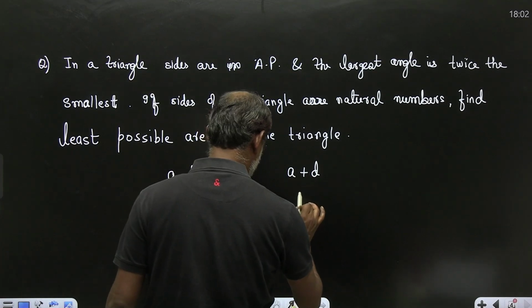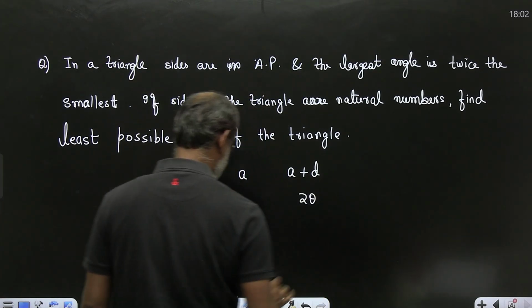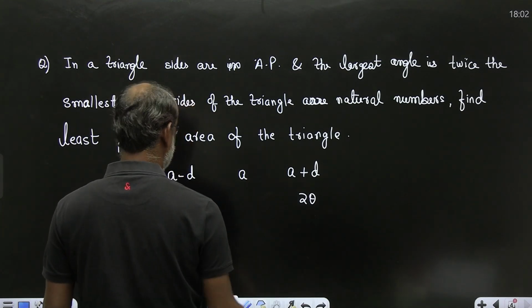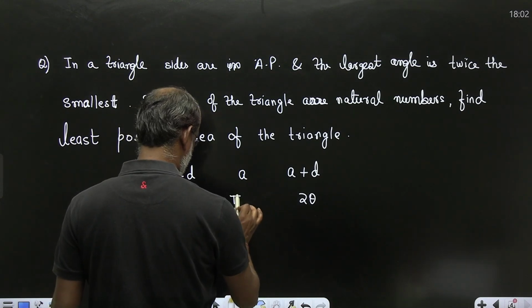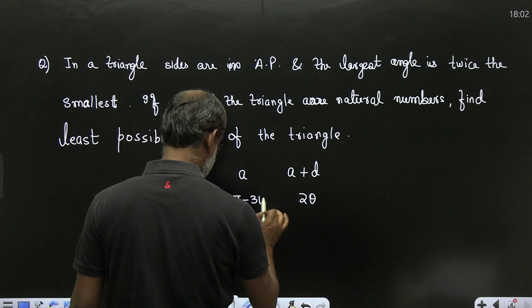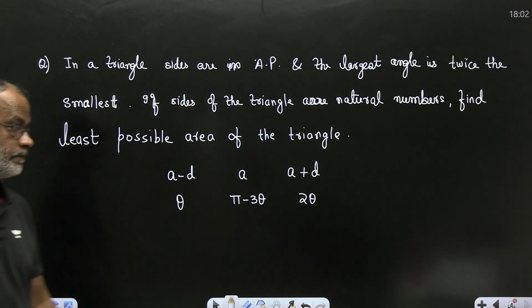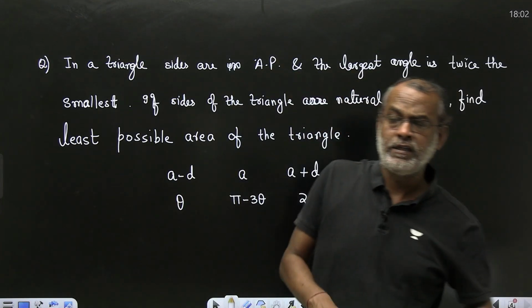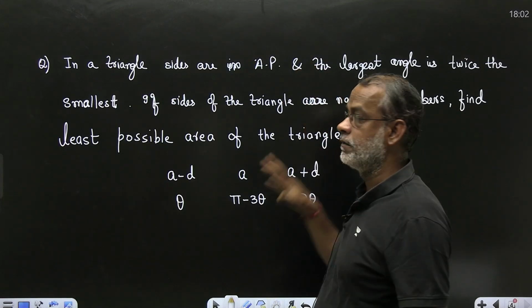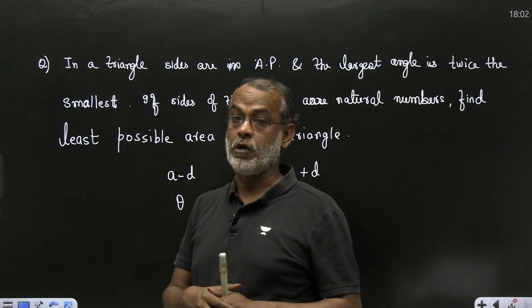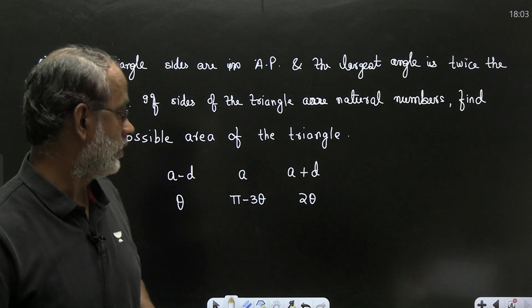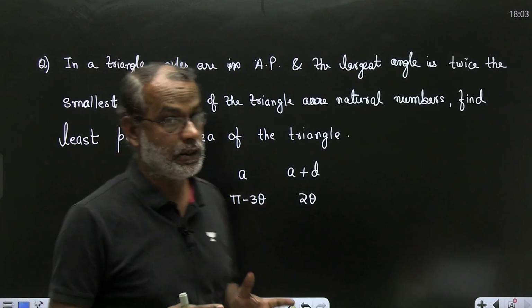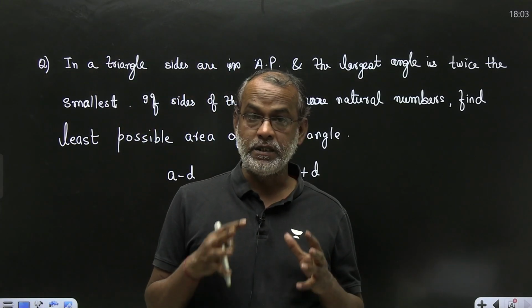So the largest angle would be 2 theta. So the remaining angle is pi minus 3 theta. Okay. What I am trying to convey is that the moment you see the data, the only possibility that works out is trigonometry, and a viable way turns out to be the sine rule. So please keep these things in mind.